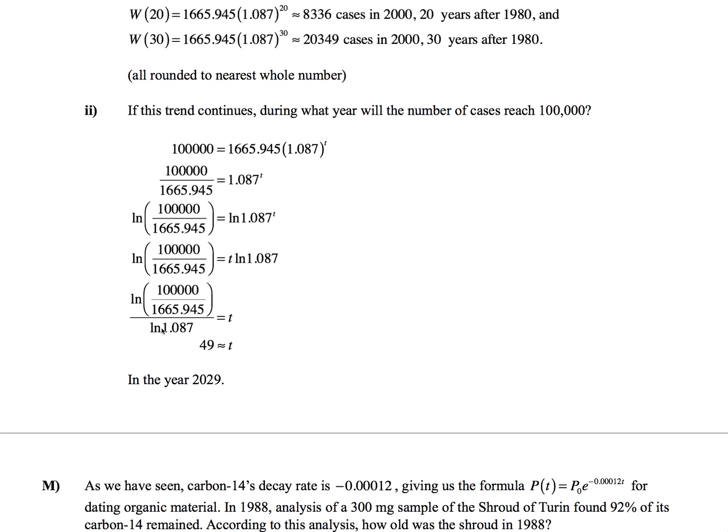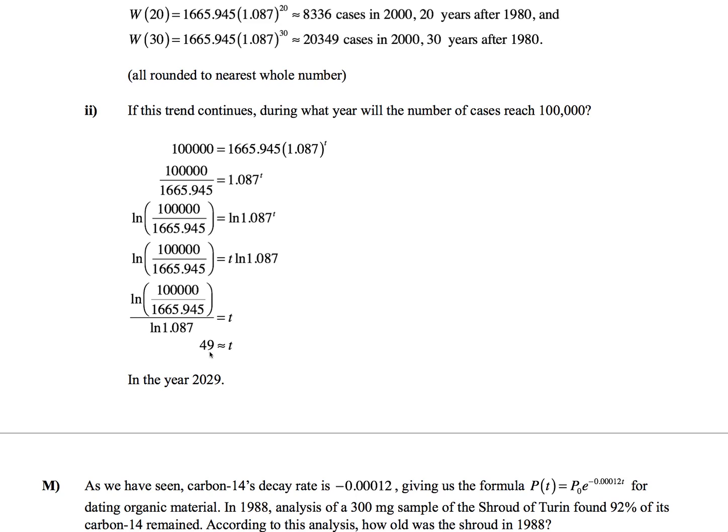We use the power property to bring the t around front. Now we just have t times some number. Remember, these logarithms are just numbers. We divide both sides of the equation by that, and this big nastiness turns into approximately 49.